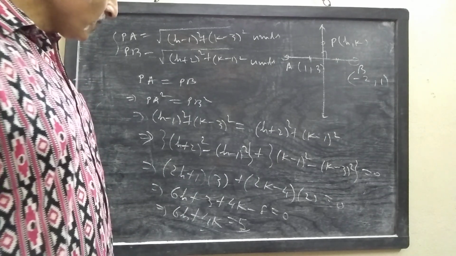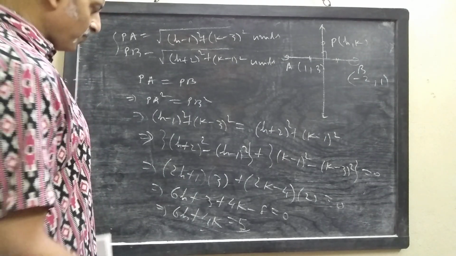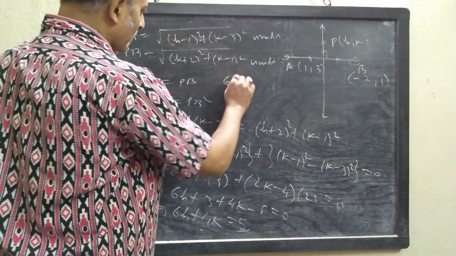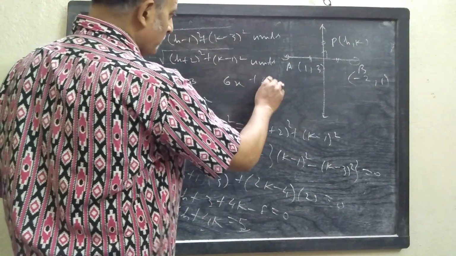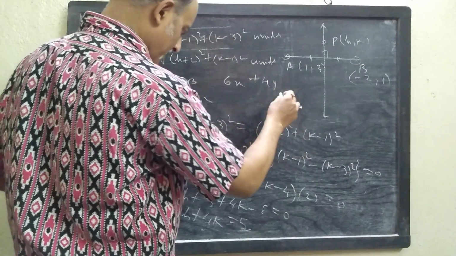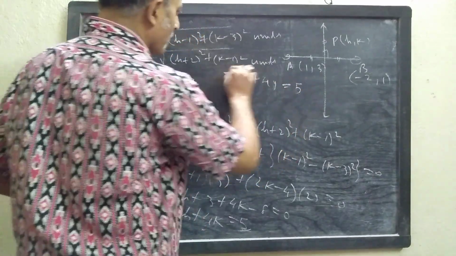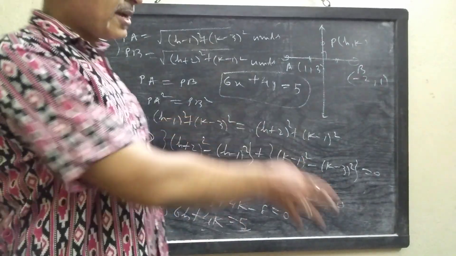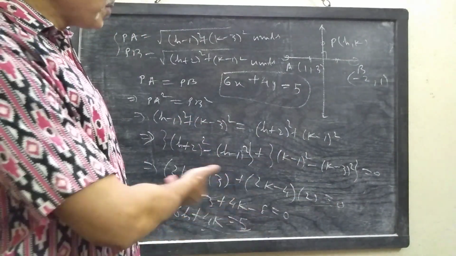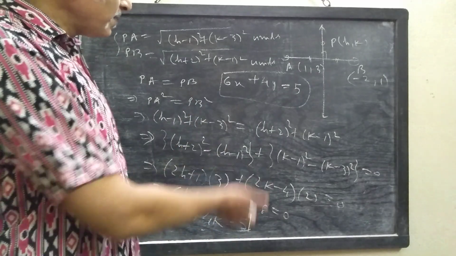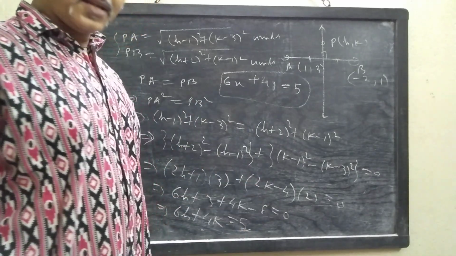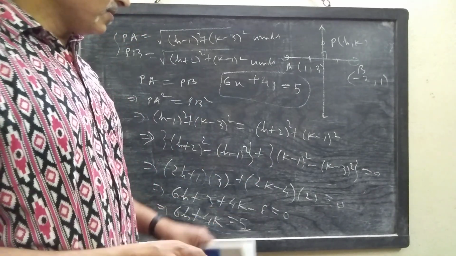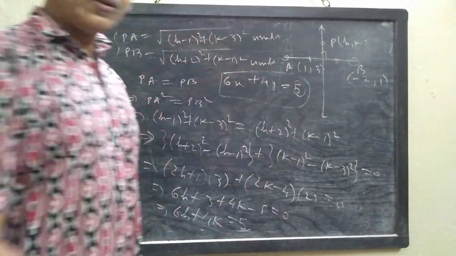So now the equation to the locus of the point P(h, k) is 6x plus 4y equals 5. What does it mean? It means all the points lying on this locus must bear the property that if we multiply the abscissa by 6 and the ordinate by 4 and add them, then we must have 5 in all the cases.